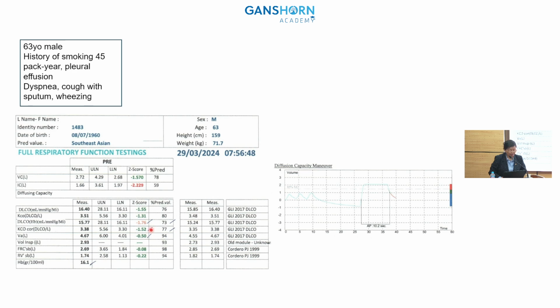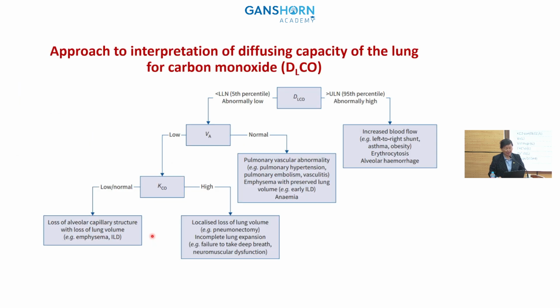KCO was normal. How about the VA? Was normal. So we just take a look: we have a low DLCO, normal VA. So here we have new things to consider: anemia.